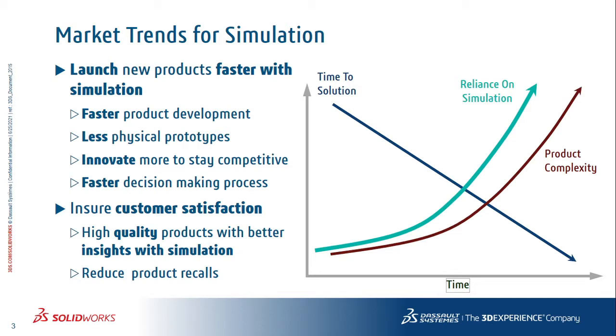The benefits have been proven and are multiple: faster product development, less prototyping, more innovation, faster and informed decisions on designs. Another key factor is customer satisfaction in providing not only innovative but high quality products. The bottom line is that simulation helps you to be more competitive in your market or in your expertise.